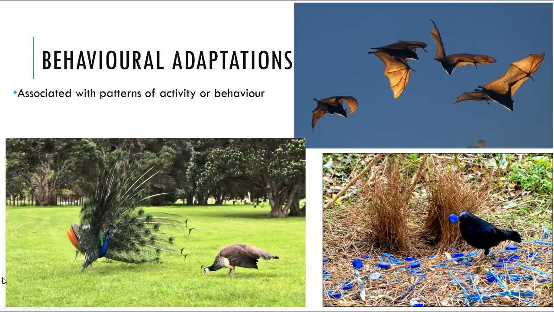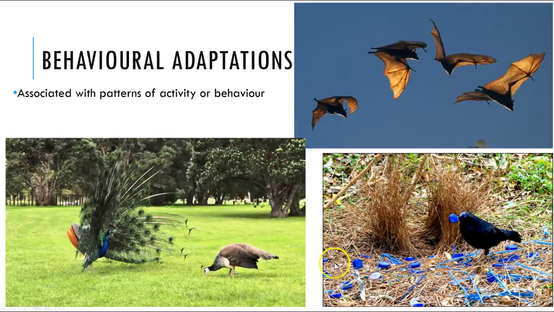The third and final type of adaptation is behavioral adaptations, and these are associated with patterns of activity or behavior. This could involve courting rituals, like in this diagram we see of the peacock. The male peacock is trying to appeal to the female peacock by putting on a display of his beautiful tail feathers.